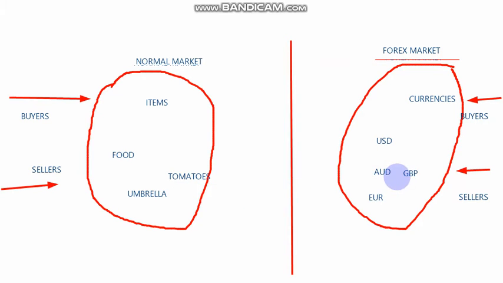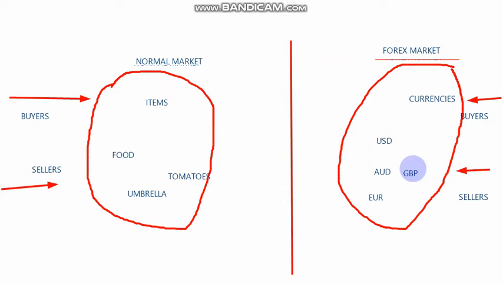That is why you need to study analysis, because it will help you to understand when to buy a currency and when to sell it. Not everybody that comes into the forex market makes money. So you come to the market, and when you exchange USD and another currency, it becomes a pair.